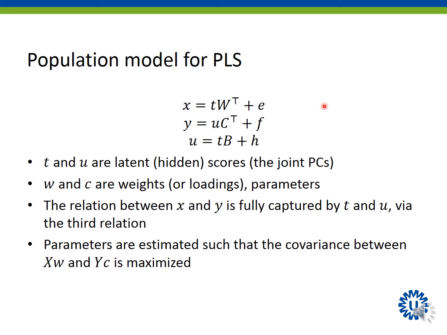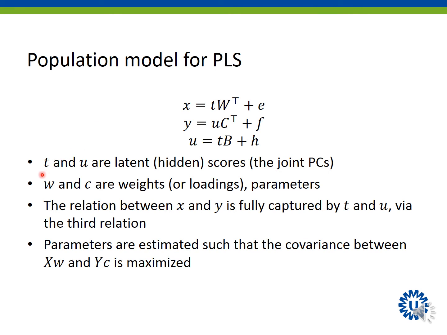Now we add the third equation, namely U is T times a regression coefficient matrix B plus H, some residuals. Because without this third equation, we would simply have two PCA models, a PCA model for X and a PCA model for Y. So we need this extra relation between T and U to make sure that in the model there is a relation between X and Y.